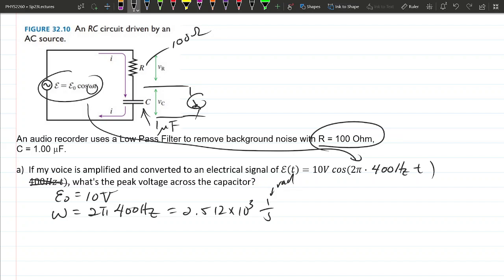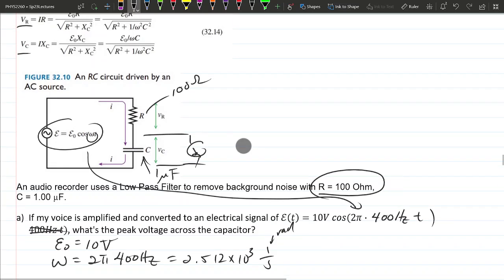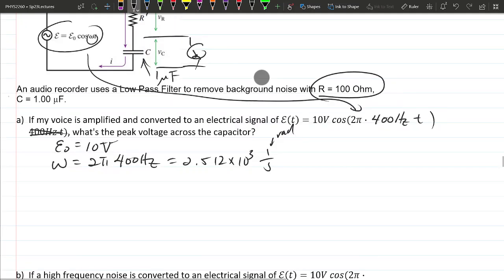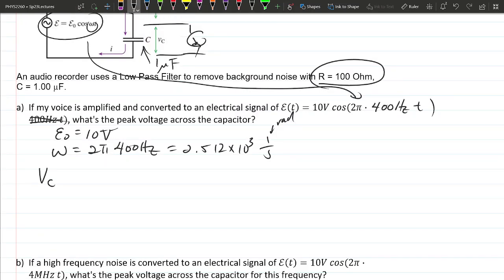And the question is, what is the peak voltage across the capacitor? Meaning we want to calculate this number, V_C. What is V_C equal to? Because that's the peak, basically the amplitude of that oscillation.